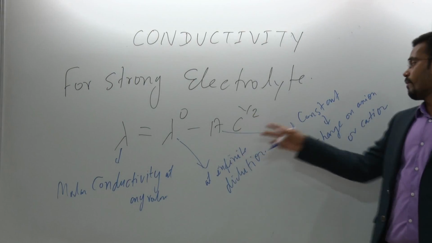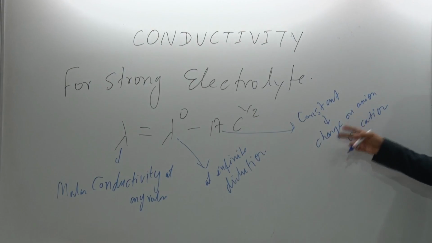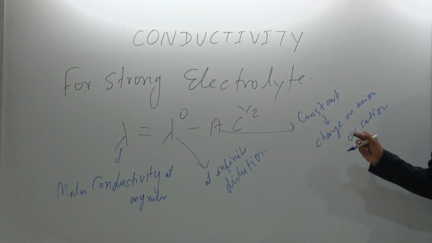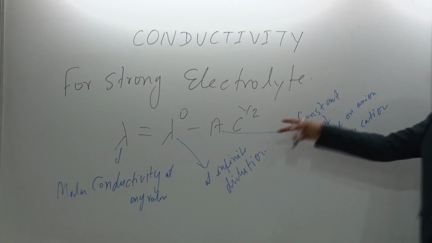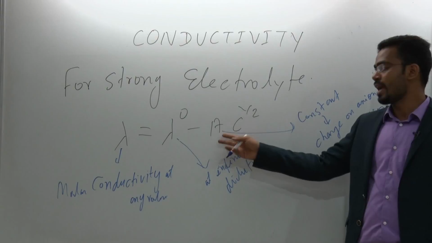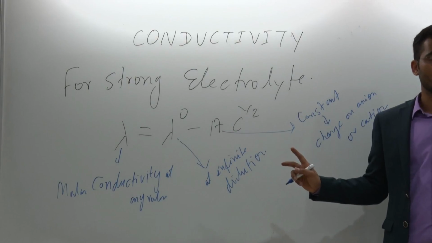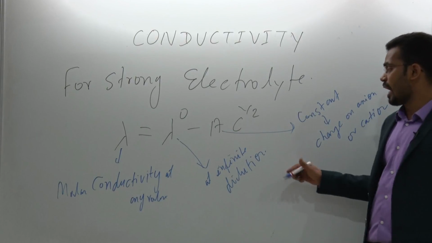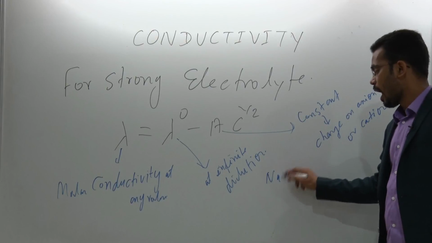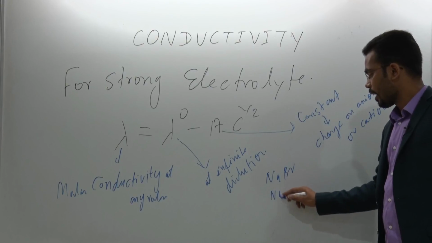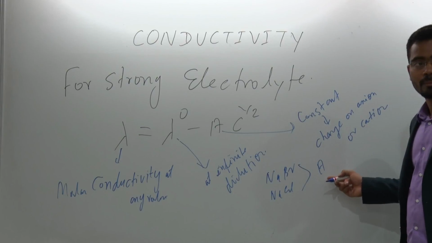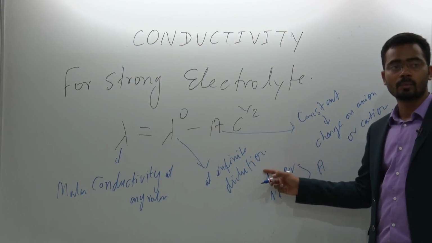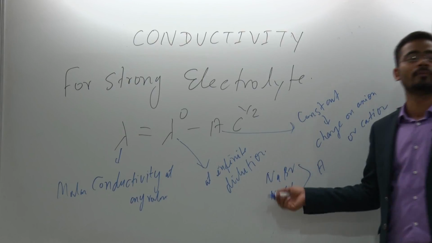So A is constant and depends on the charge on anion or cation for a given solvent. If the solvent is different, then A will also be different. For the same type of electrolyte, A will be the same. It means that for NaBr and NaCl, both have the same A, because both have the same charge. It has +1, it has -1. So this is called the same type.